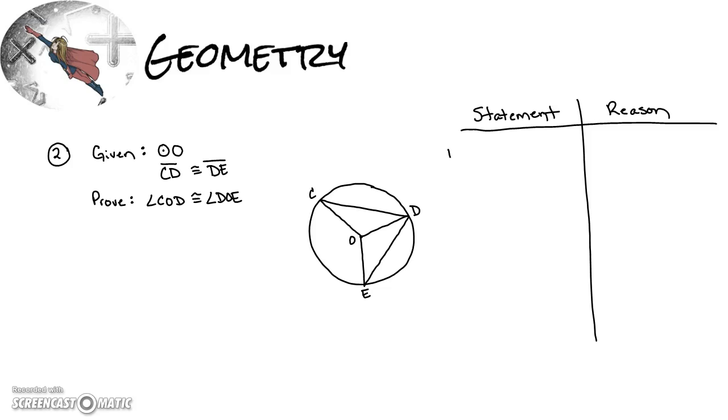So I'm going to start by listing my givens. Circle O, and the fact that they said CD is congruent to DE. So given, given. And I always say that if they tell you that something is a circle, then be on the lookout for congruent radii.